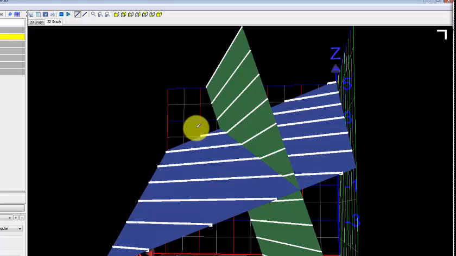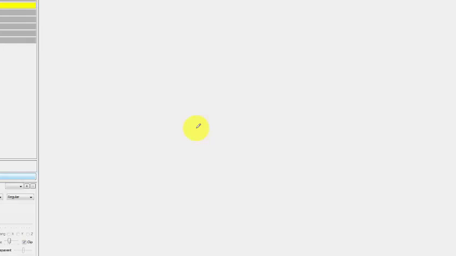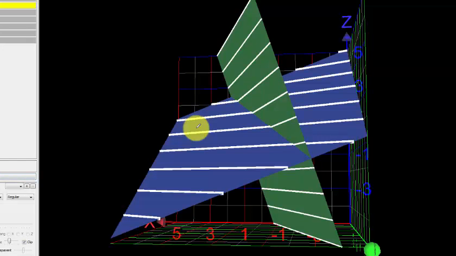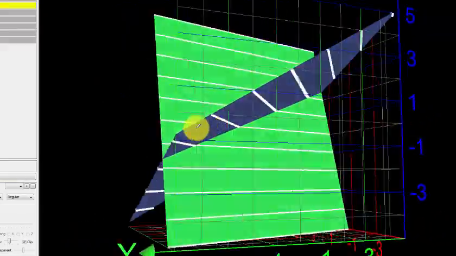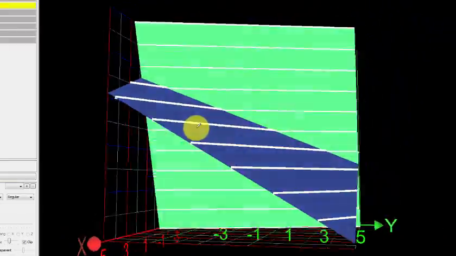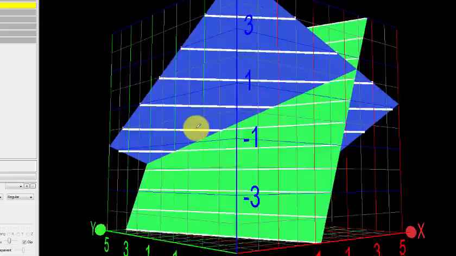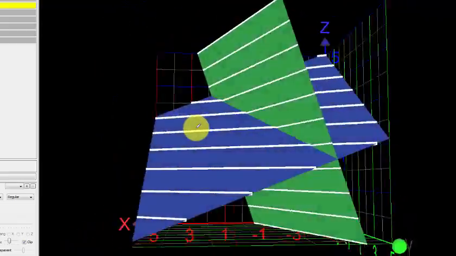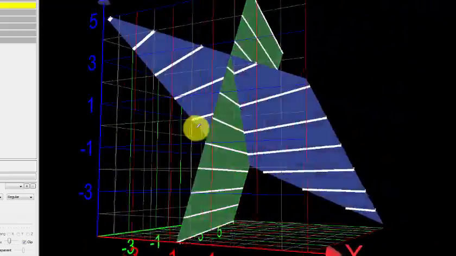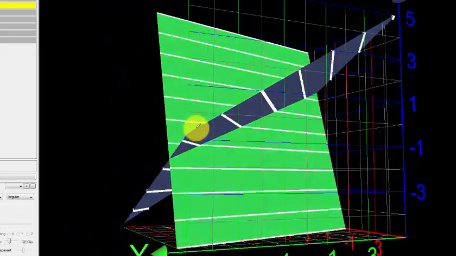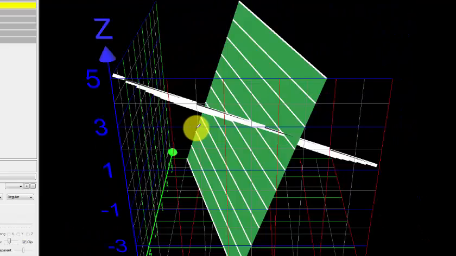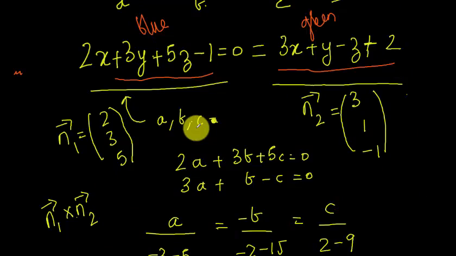Okay, now let's go back here. I'm going to play that in 3 dimensions so that you can have an even clearer picture of what I'm talking about. Okay, let's stop that.